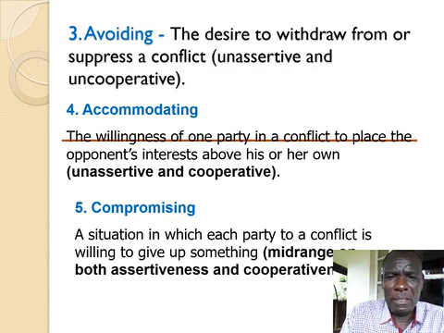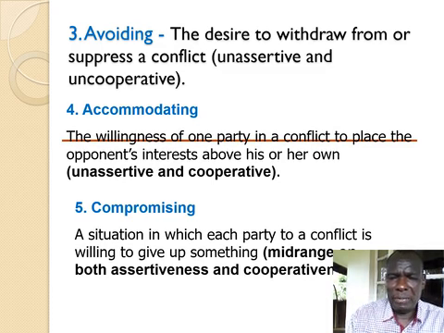You are not as assertive as you want to be, but also you are not as cooperative to the extent of giving up, but you want a win-win situation. Okay? You want a win-win situation, so you are willing to exchange. Give up part of your interest, and the other one should also give up part of his or her interest, so that there is compromise.